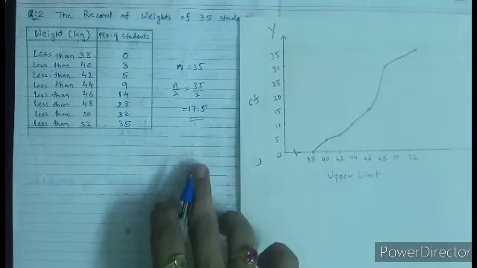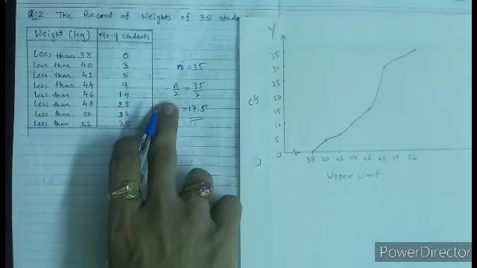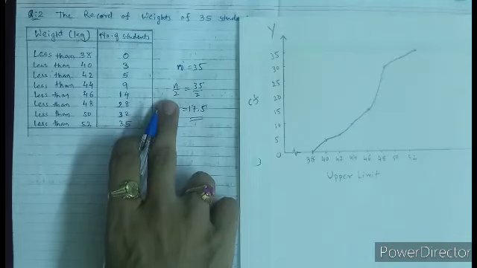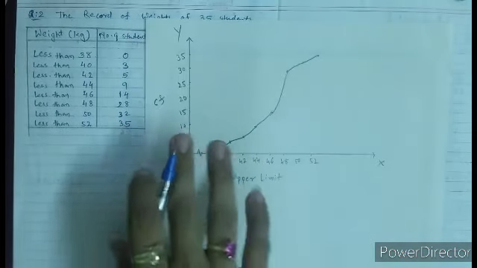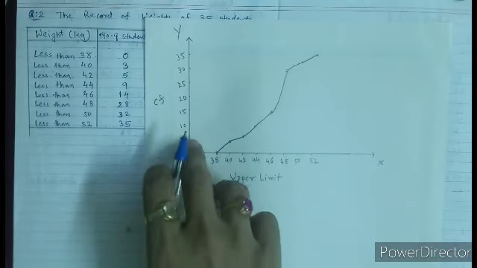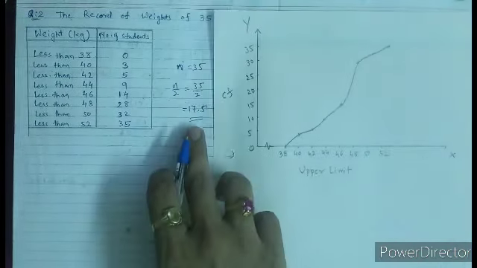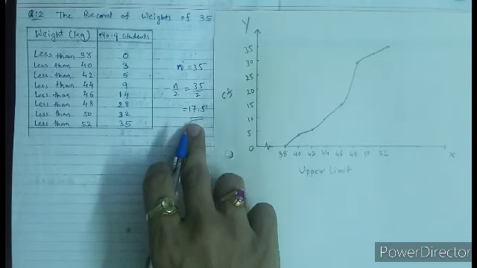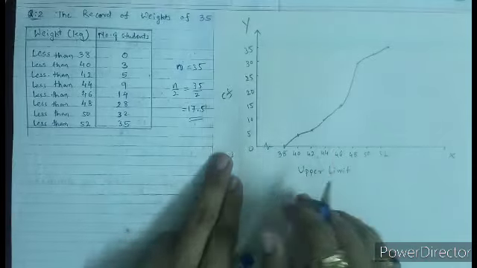As we have done in case of median sums, n by 2 term we have to obtain from cumulative frequency. Now as we have to get it from graph, on y-axis we have to obtain the n by 2 term. It is 17.5.